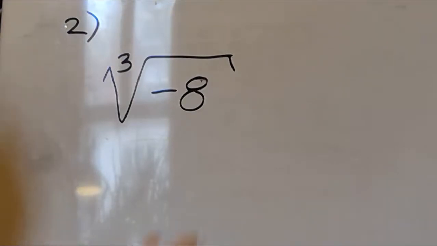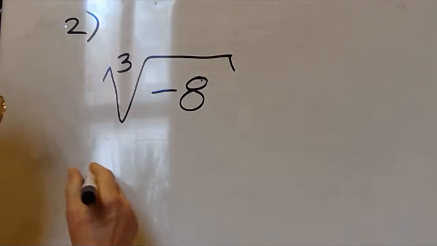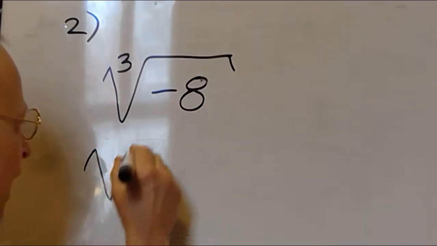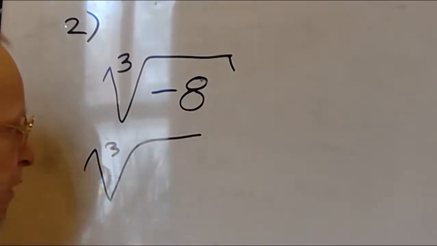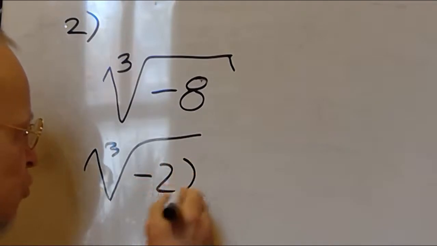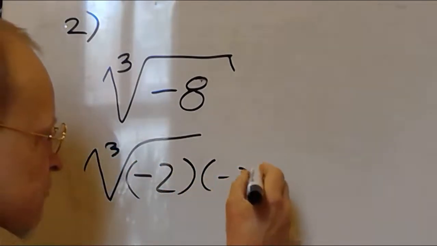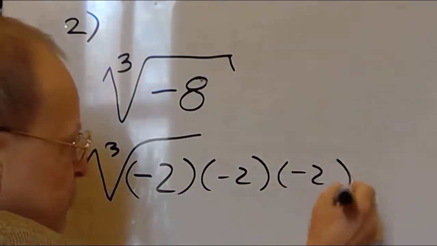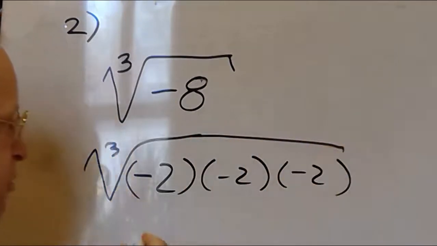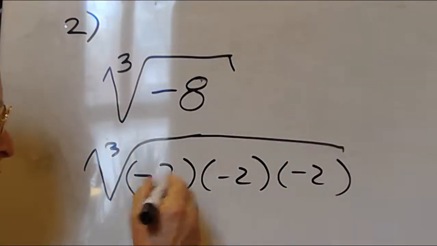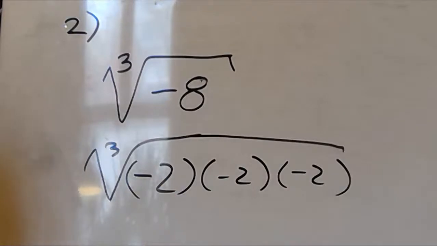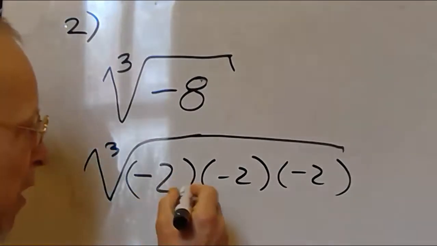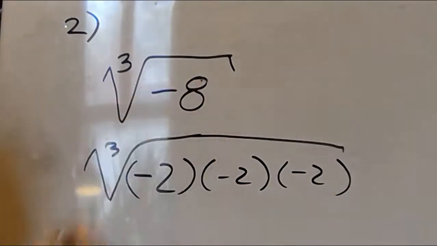And the reason we can have a negative sign is we can look at what is underneath the radical. We're going to break that up into 2 times negative 2 times negative 2. And it turns out that negative 2 times negative 2 is positive 4, and positive 4 times negative 2 will give us back our original negative 8.